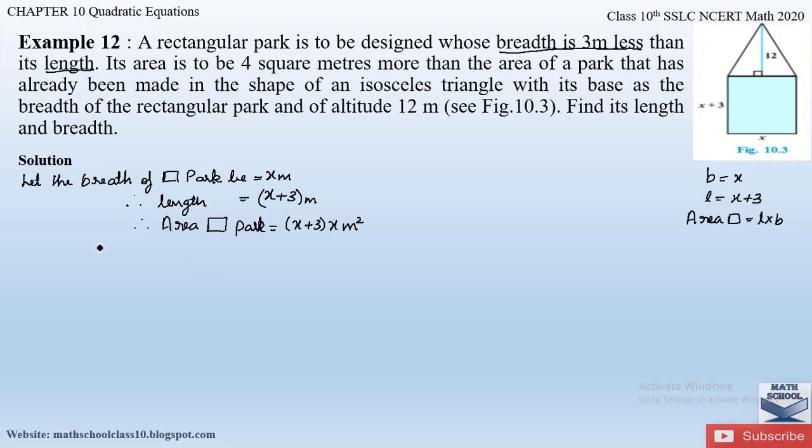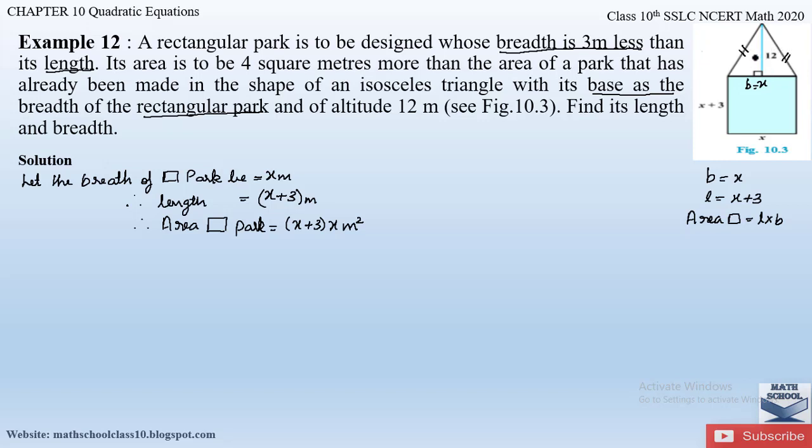Now let us find out the base and height of this isosceles triangle. From the question, they have given us that the isosceles triangle has the same base as the rectangular park. So if the breadth of the rectangular park is x meters, then the base of this isosceles triangle is also x meters. An isosceles triangle is a triangle whose two sides are equal.